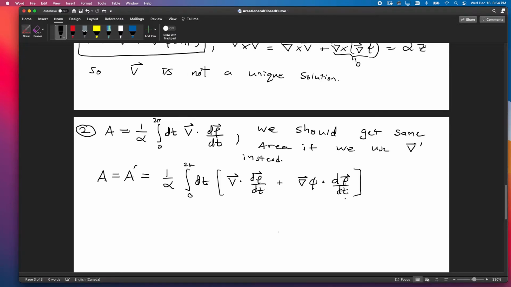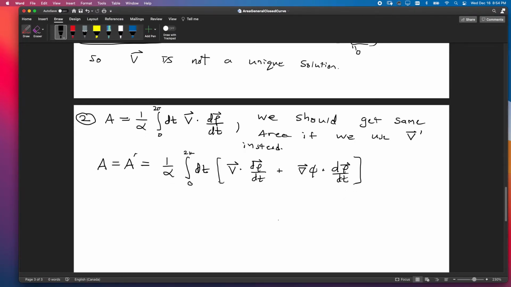But this gives me A plus 1 over alpha, the integral from 0 to 2 pi dt of the gradient of phi dot d rho over dt.